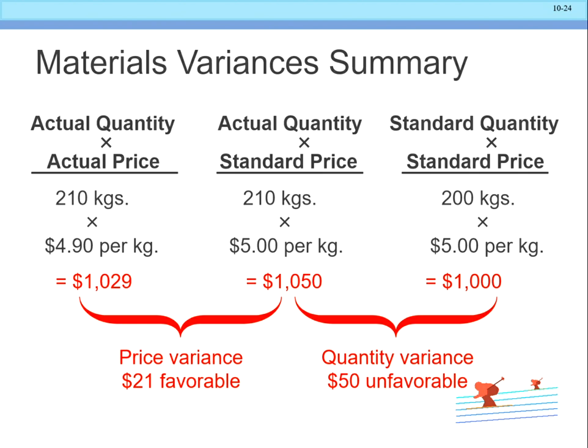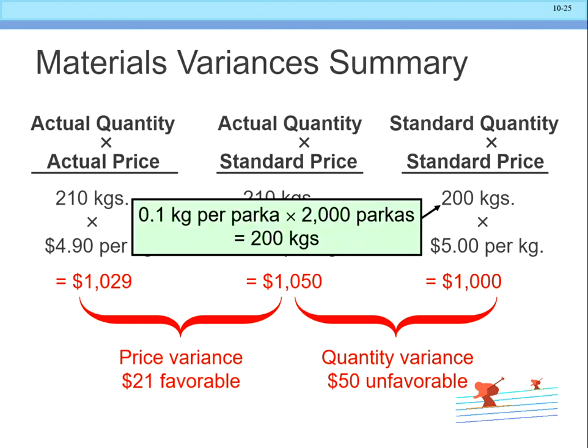Then we go to the quantity. According to our plan, we should use 0.1 kgs per parka. So if we produced 2,000 parkas, we should then use 200 kgs.